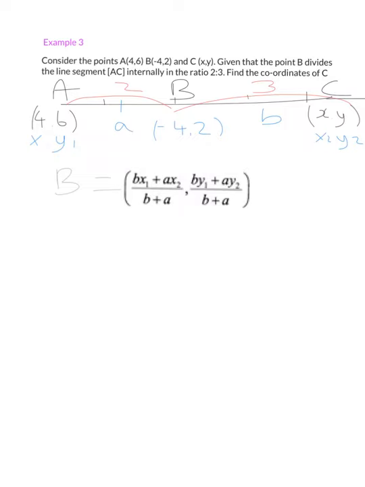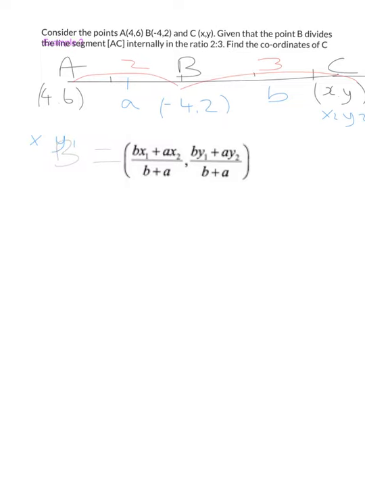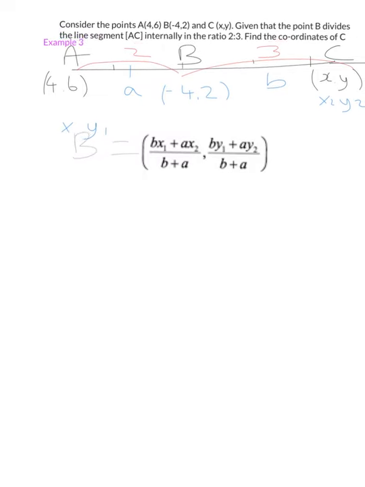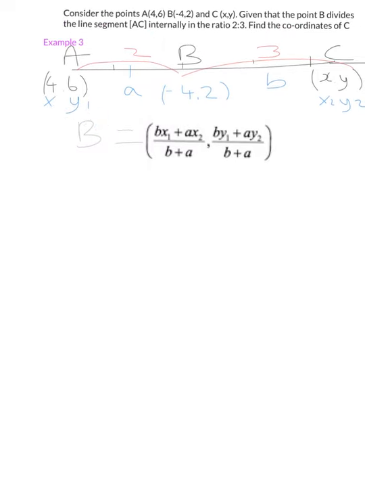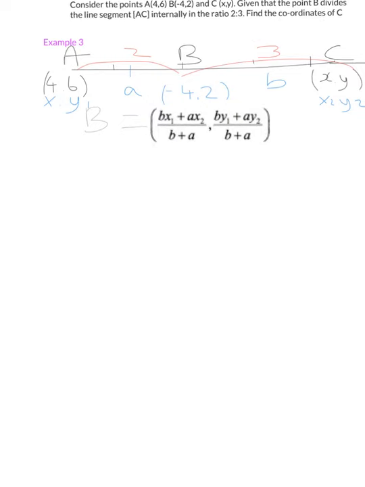Okay, so I'm going to move everything up so that I have room here, and I'll just move this up as well. So this is my XY, and then I'll just move this one up here. Okay, so we're going to fill in. So the first thing we're going to fill in is B, and B is minus 4, 2. So that will give me minus 4, 2 is equal to, and now I'm going to fill in the values into the X coordinate formula.